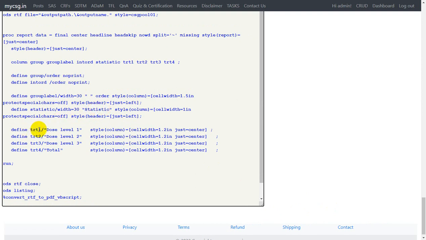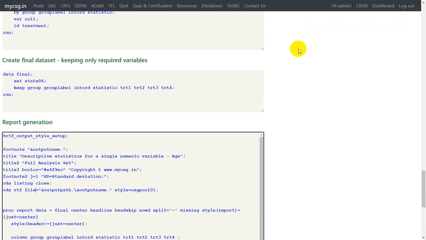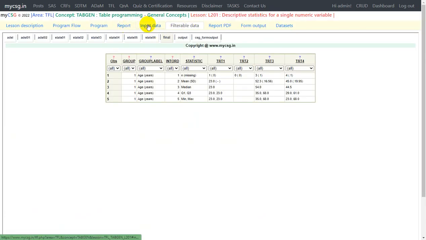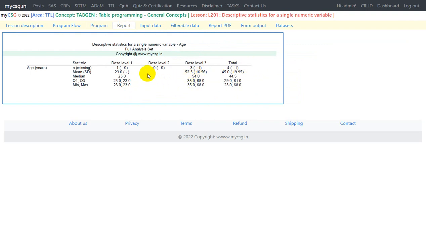Treatment 1 column is printed with a column label of Dose Level 1, similarly TRT2 with Dose Level 2, TRT3 with Dose Level 3, and TRT4 with Total. For all those 4 columns I have used a width of 1.2 inches, and I have used an option called just equal to center so that the numbers get aligned in the center. We also have other options like justify based on the decimals or left justify the numbers, but that will be covered in detailed sessions on proc report in future videos.